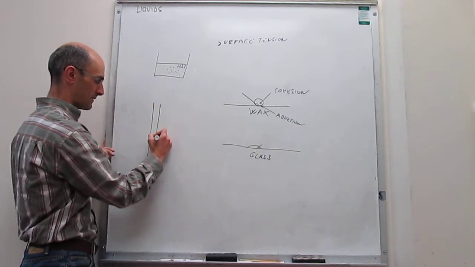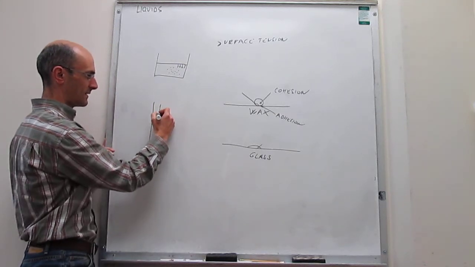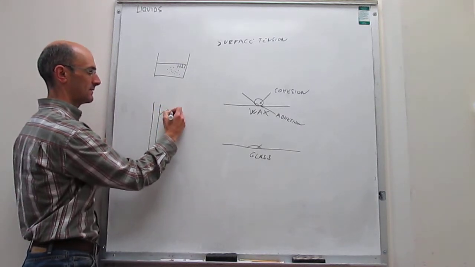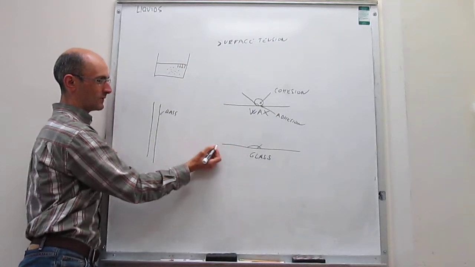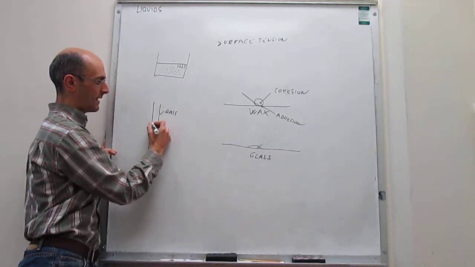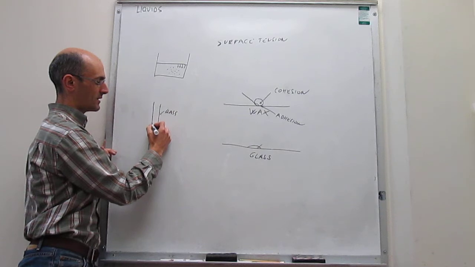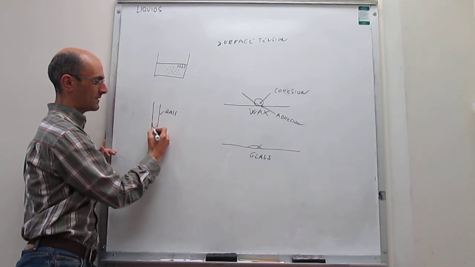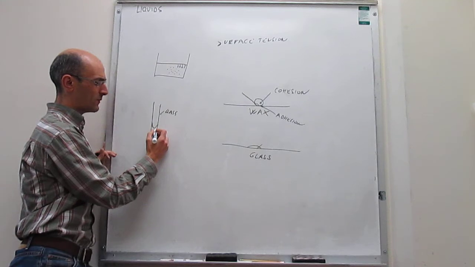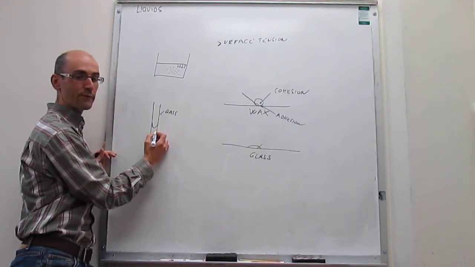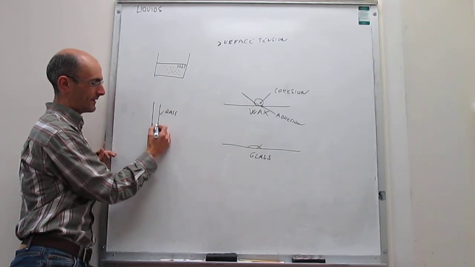Now this type of phenomenon can actually be exploited when you have very narrow glass tubes, for example. You have something like this, and this is glass, and then you fill it with water. You're going to have a similar example to this. The water will tend to wet those glass walls, and then what you have is the appearance here of a meniscus, which is again a kind of response to the balance between cohesion forces between the water molecules and adhesion forces between the water molecules and the glass.